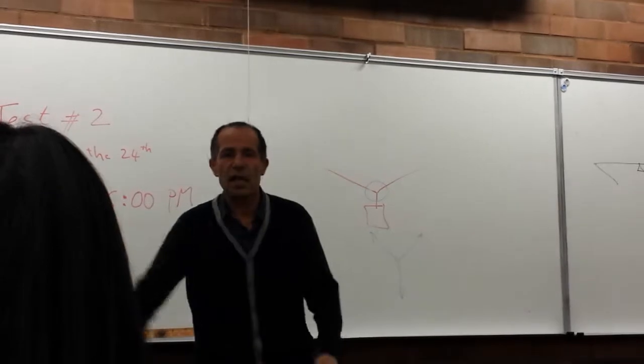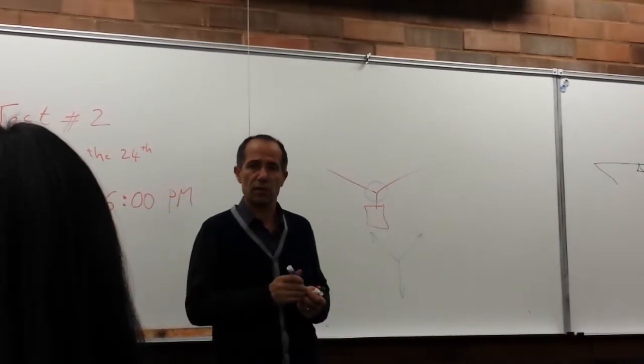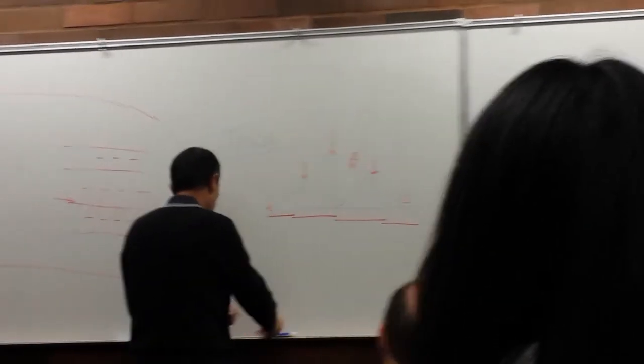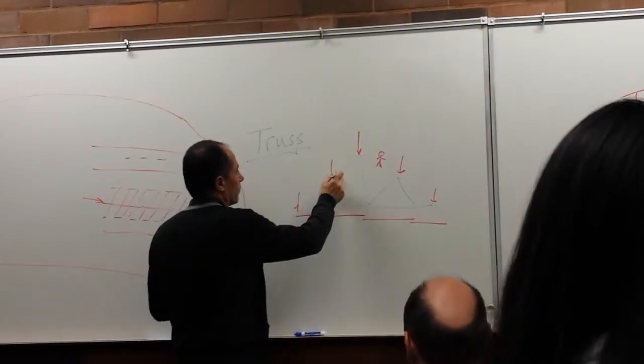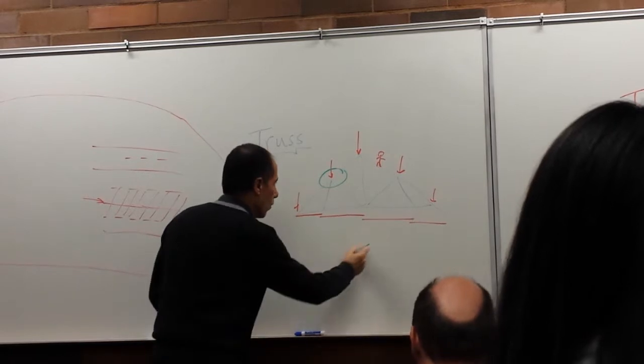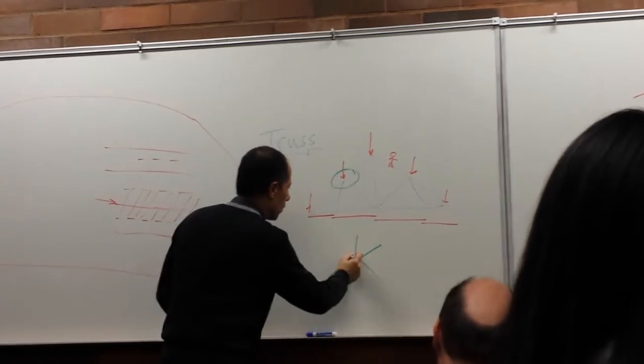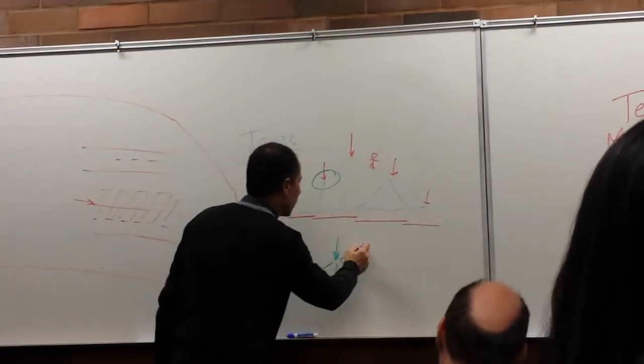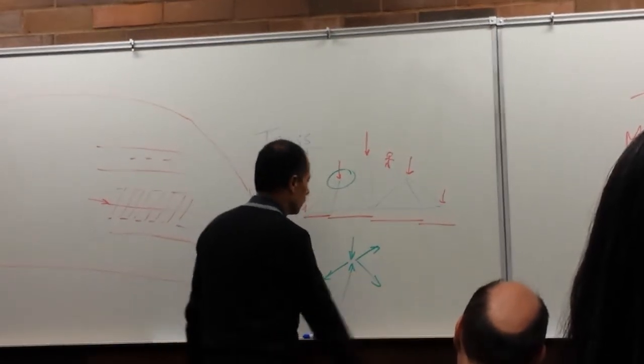In this case, I will isolate the joints. So, here is a joint. Here is a joint here. 1, 2, 3, 4.